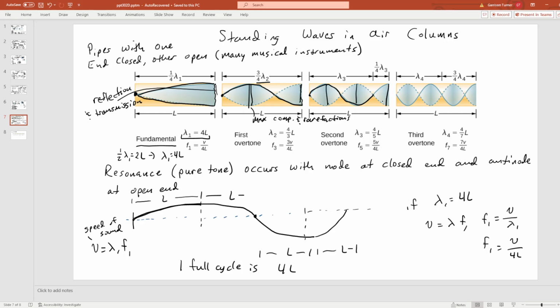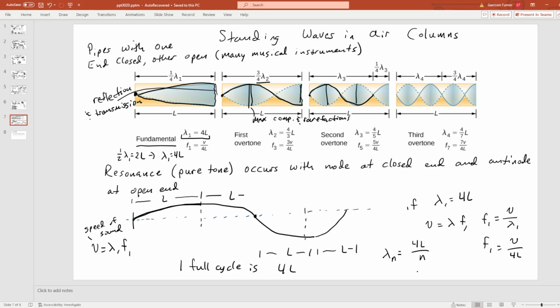So all of our nodes and antinodes are just increasing by 1, right? And so you notice this pattern that for a given tone, the nth tone is going to be given by 4 times our pipe length divided by n.